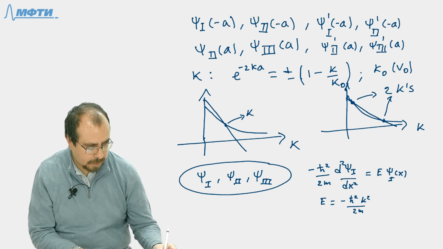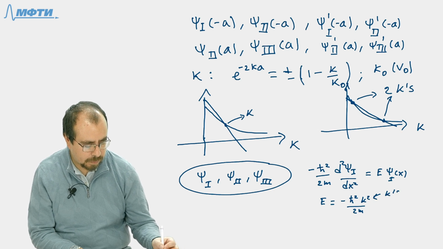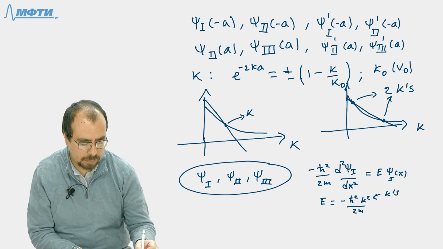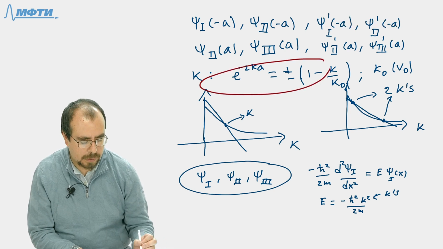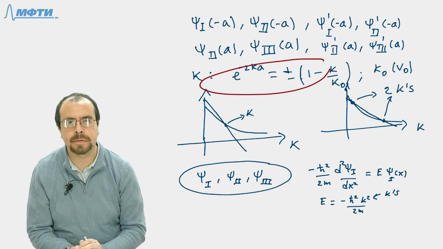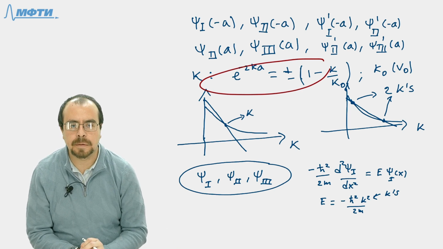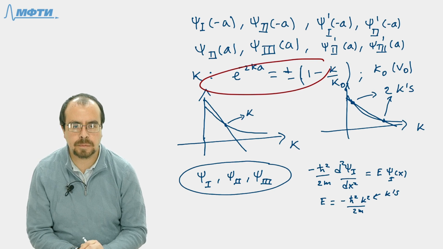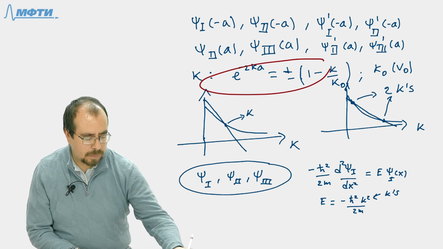So if you obtain the k's that are solutions of our transcendental equation, then you will get the energies. You can substitute here and see how many energies you will have as the solution of your problem.